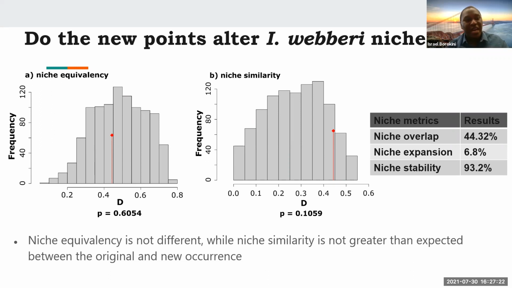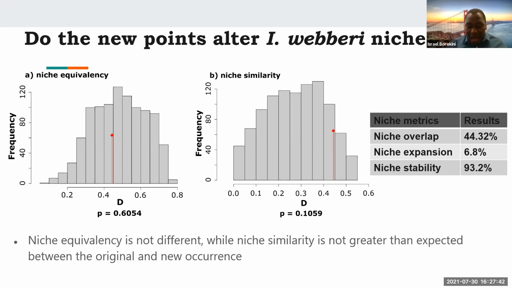If so, then we'll say there is equivalency in the niche. And then you can also do some simulations or randomizations to find out the degree of confidence with which we can accept or reject that niche equivalency result.